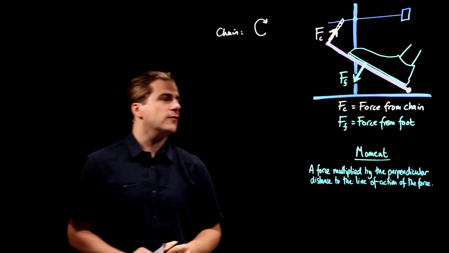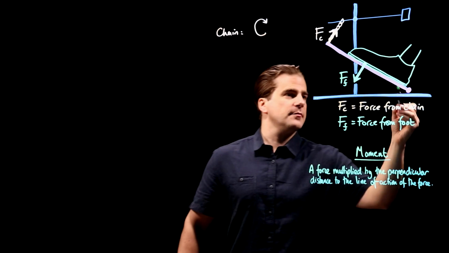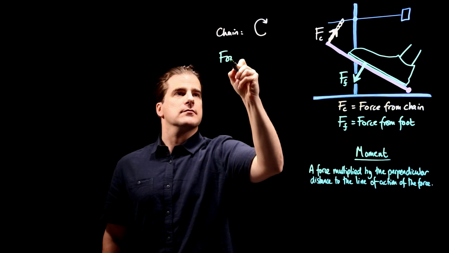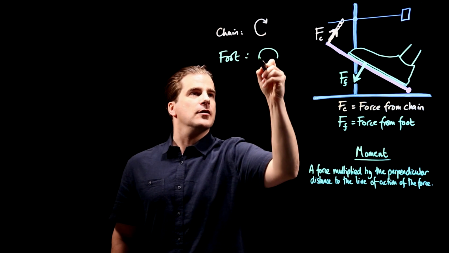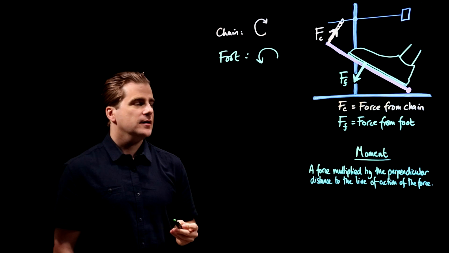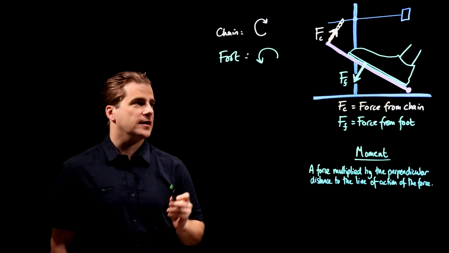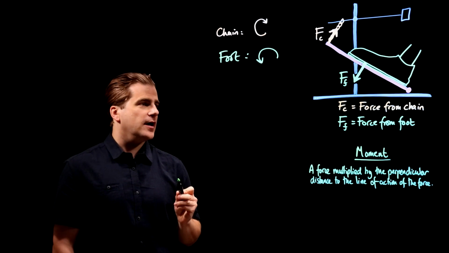From the foot, there's the pivot, there's the force, it's trying to rotate it in the opposite direction, like that. So the directions are opposite. That's the first thing. Okay.